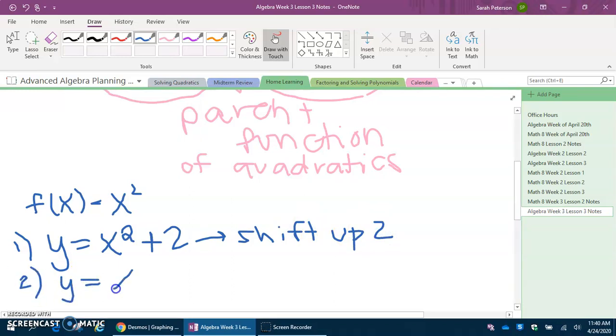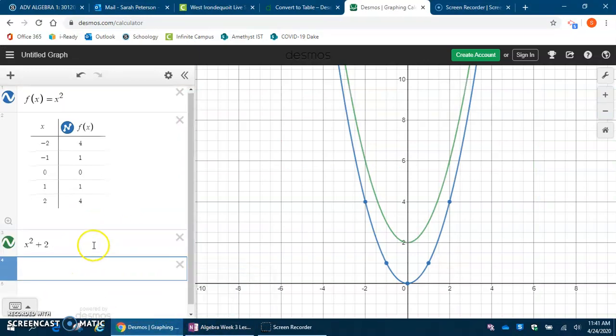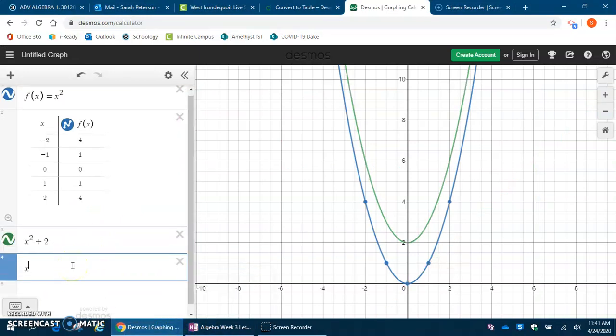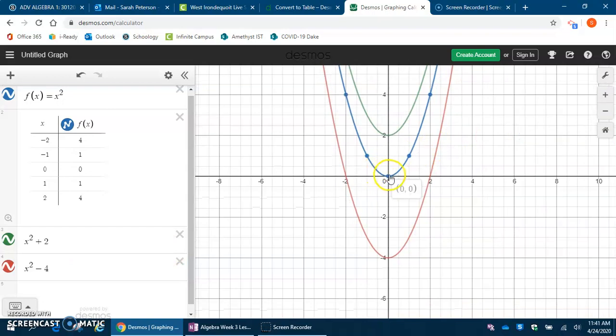All right, so let's look at something else like this: y equals x squared minus 4. In this one, the b value is 0, but the c value is negative 4. So let's see what happens when we just change that. I'm going to do it again, x squared minus 4. Now I'm looking at the red curve in relation to the blue curve. 0, 0 is where I started, and hey, look, that vertex now is 0, negative 4.